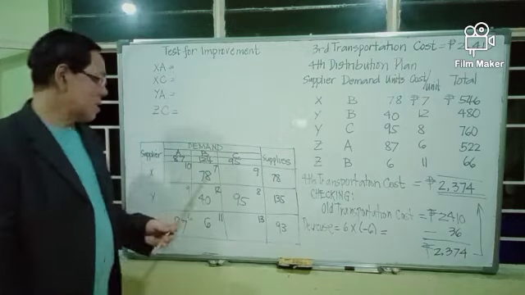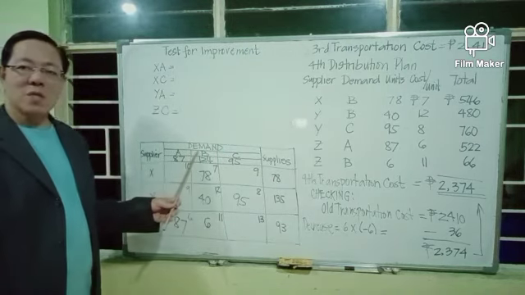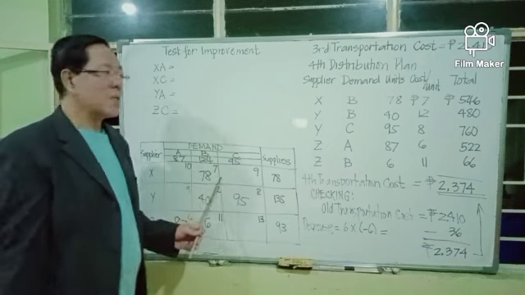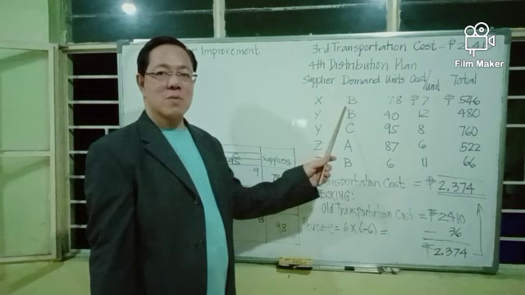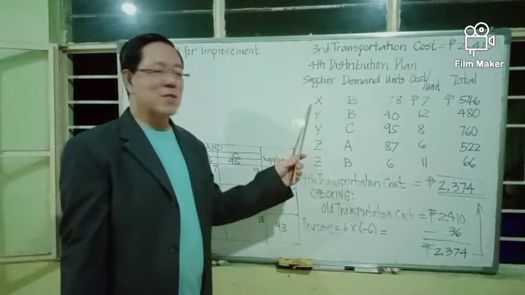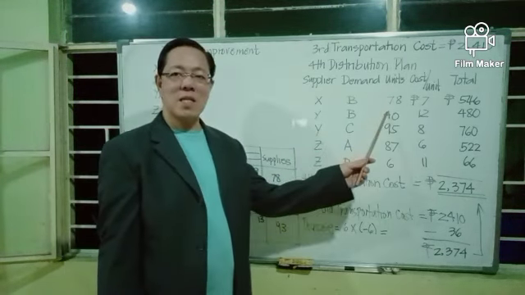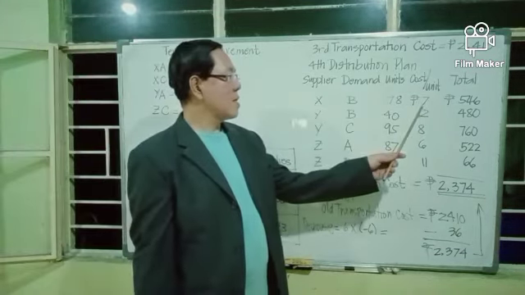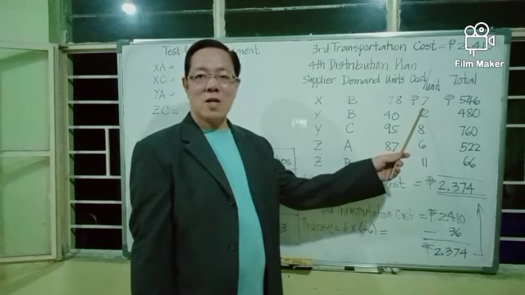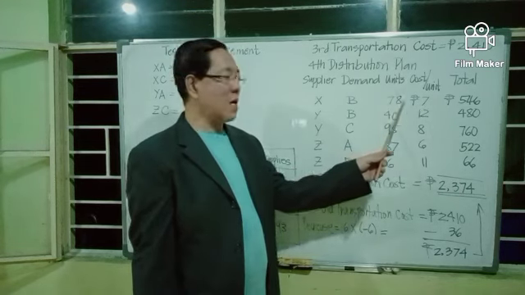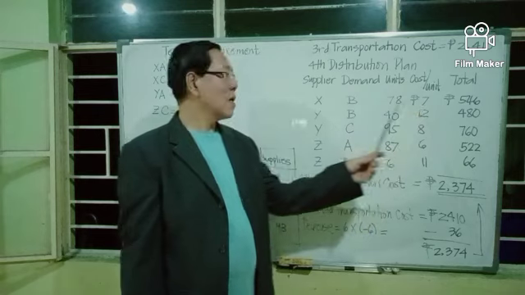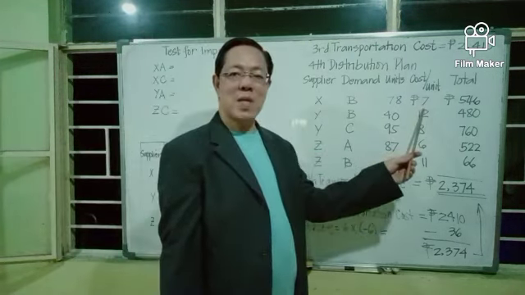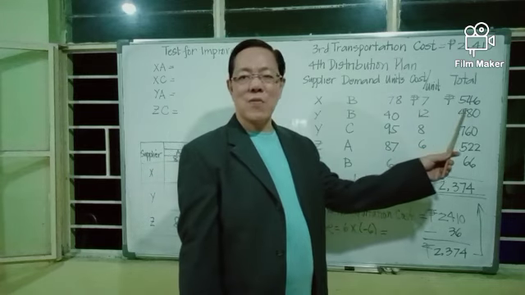We start with supplier X to customer B. We transfer 78 units at 7 pesos per unit, and the total cost is 78 multiplied by 7 equals 546.